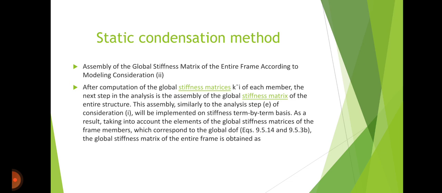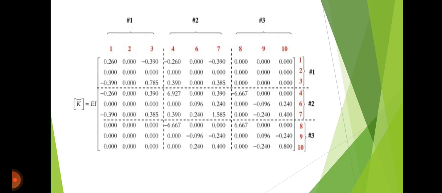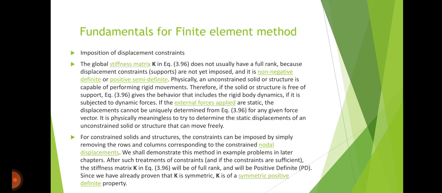As a result, taking into account the elements of the global stiffness matrix of the frame members which correspond to the global DOF, equations 9.5.14 and 9.5.33b, the global stiffness matrix of the entire frame is obtained as in the table.